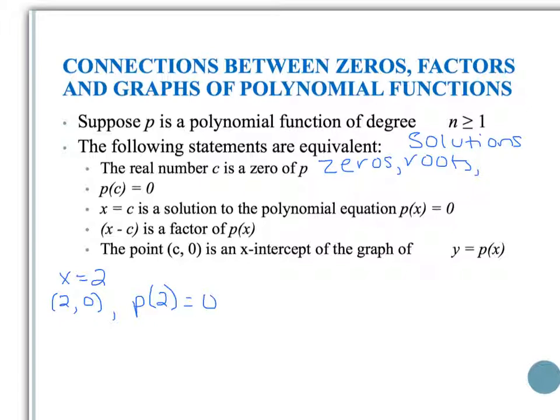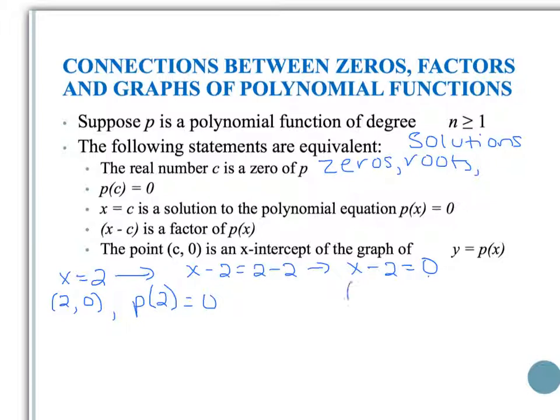It also tells us that if we were to take x equals 2 and subtract 2 from both sides, we would then get x minus 2 equals 0. Here's where those zeros are coming from.